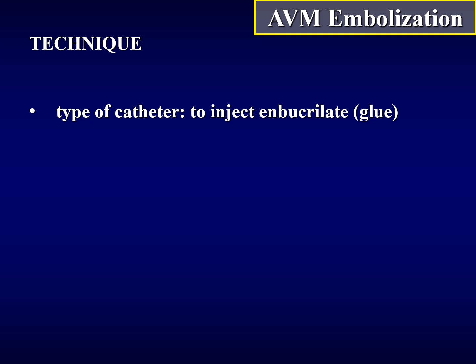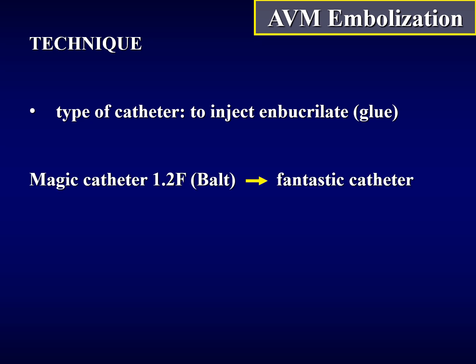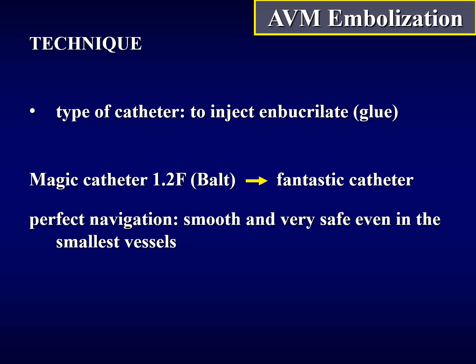In order to inject glue, which is N-butyl cyanoacrylate, N-bucrylate, the best catheter is the Magic catheter, which is a very small 1.2 French microcatheter. Fantastic. It has a perfect navigation, smooth and very safe, even in the smallest vessels.